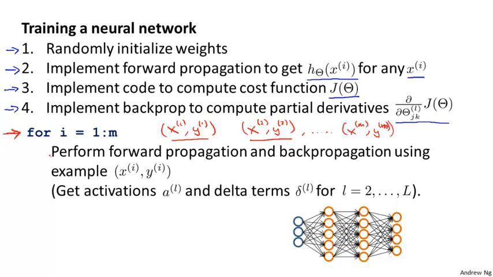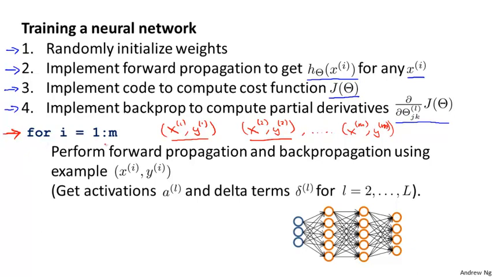So there should be a for loop in your implementation of backprop, at least the first time you're implementing it. There are, frankly, somewhat complicated ways to do this without a for loop, but I definitely do not recommend trying that much more complicated version the first time you're implementing backprop.